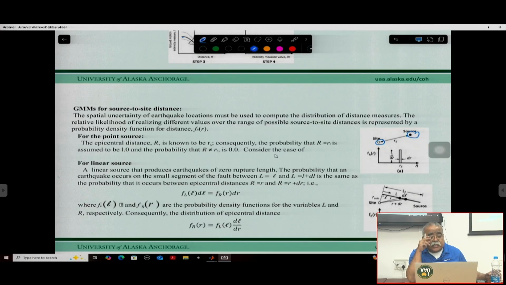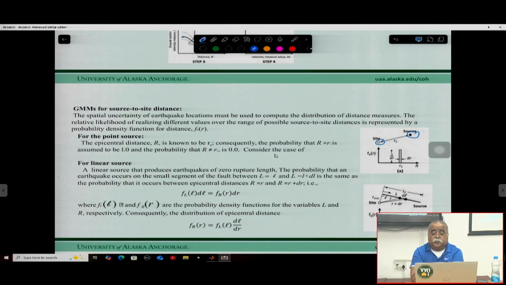Now this RS or the epicentral distance, if it is a point source, then if R equals RS, then the probability is 1, and if R is not equal to RS, the probability is equal to 0, right? So that's the point source thing.